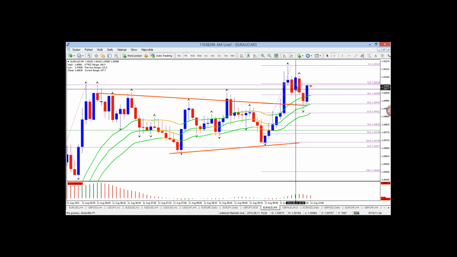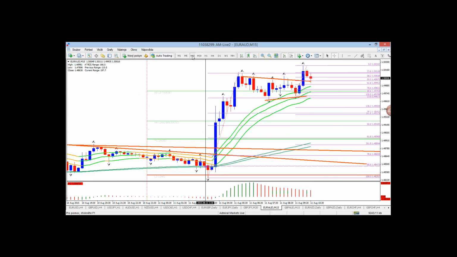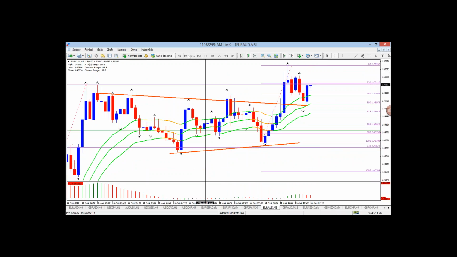Let's see, this is the fifth 5 minute candle. If this one is bearish, I would wait probably half an hour.